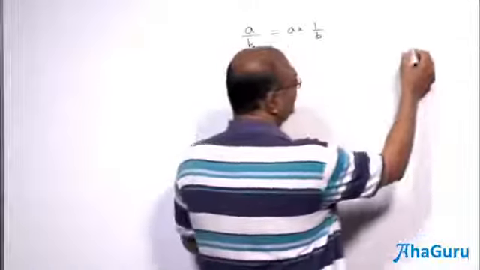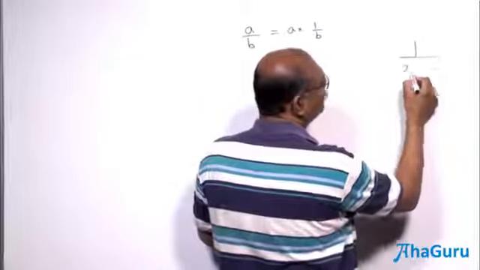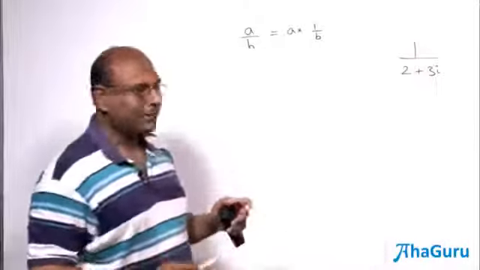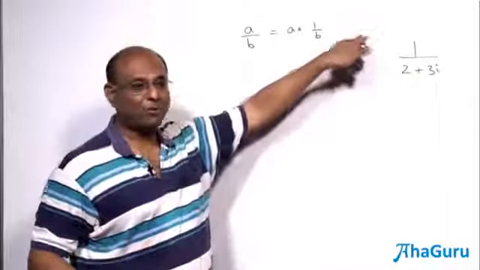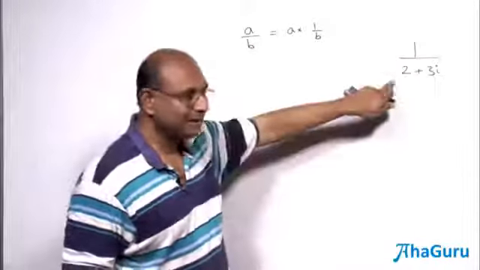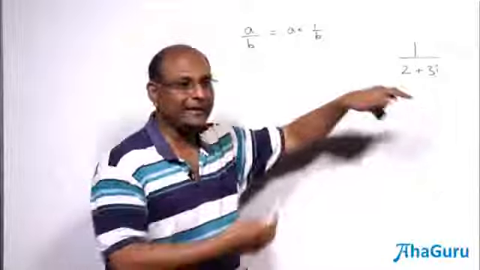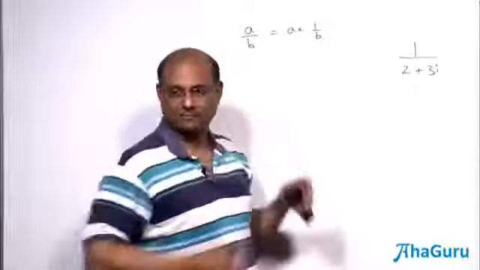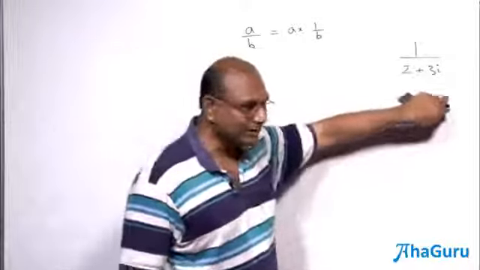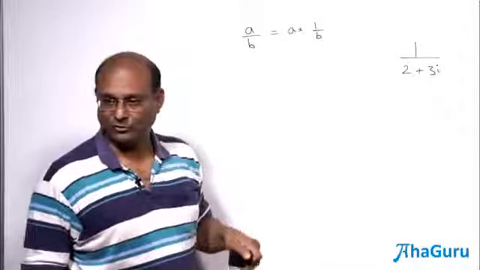Let us think about what to do when I have 1 divided by 2 plus 3i. Because if I have, let us say, 4 plus 7i divided by 2 plus 3i, actually what is it? It is 1 by 2 plus 3i into that other number, the numerator, just like this. So let us first concentrate on this, then we will look at an example where you involve that.